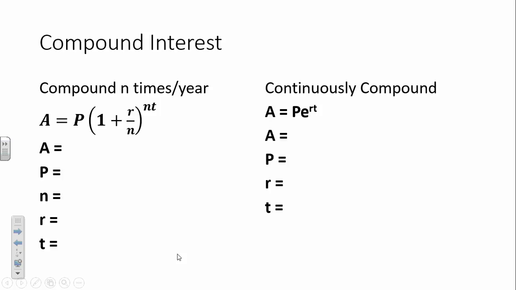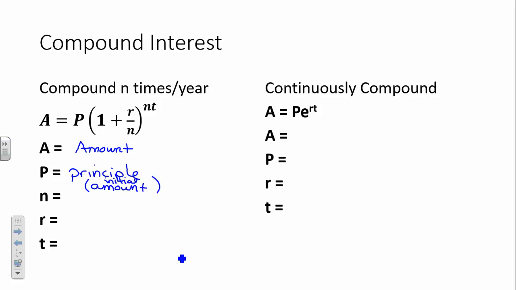And you did a lot of interest formulas like this last year. So A is the amount in your account, the amount that you owe, depending on which side of the borrowing system you're on, or the loaning system that you're on. P is your principal. That's the amount of money that you loaned or are loaning or borrowing from the bank, the initial amount.